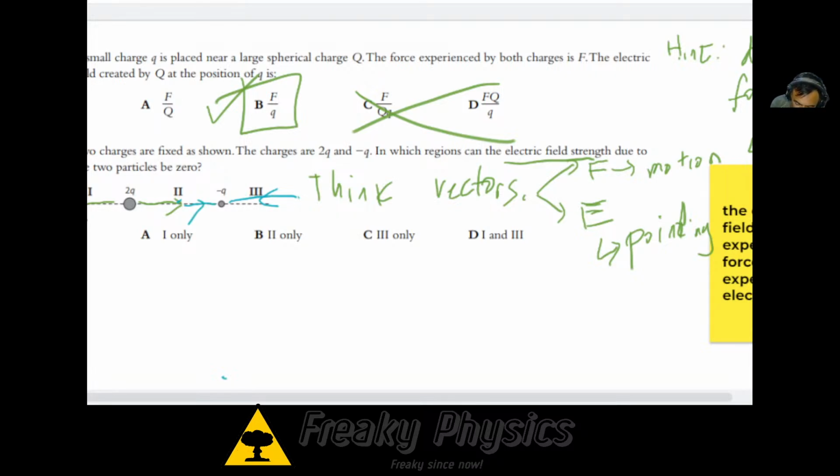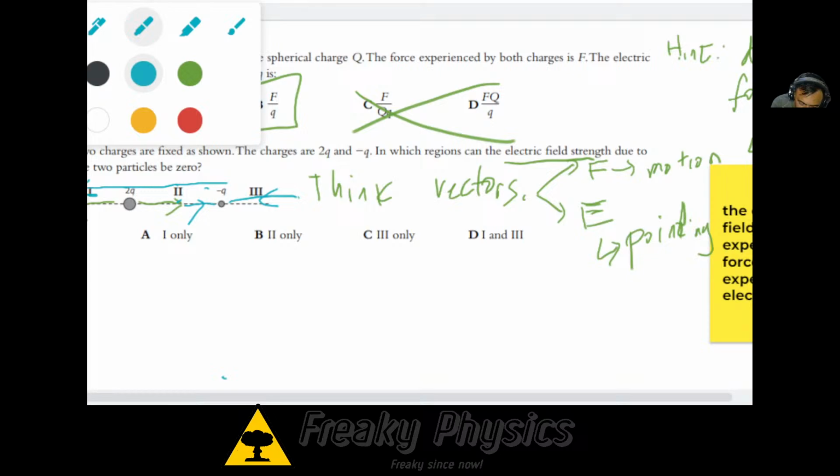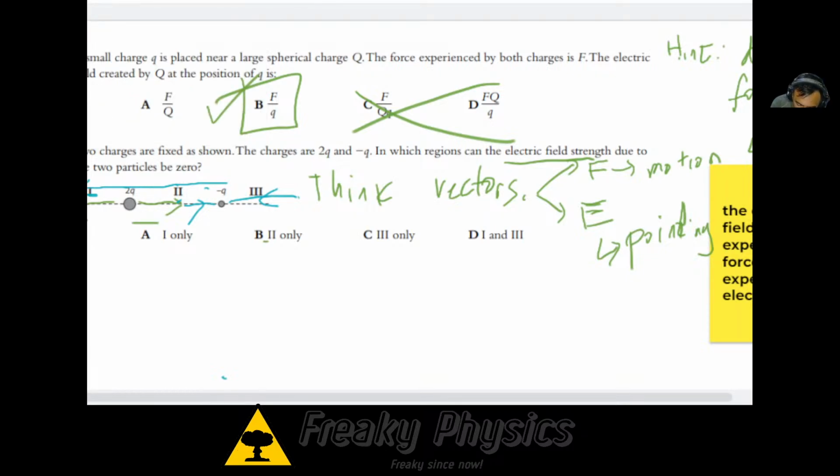Now I'm going to draw this even further all the way up to here, and draw another green line all the way up to here. Now where do you see the electric field directions going against each other? Sorry, this should be two.